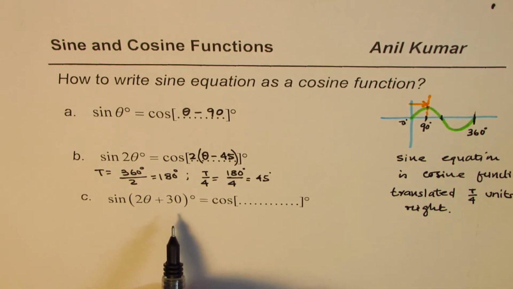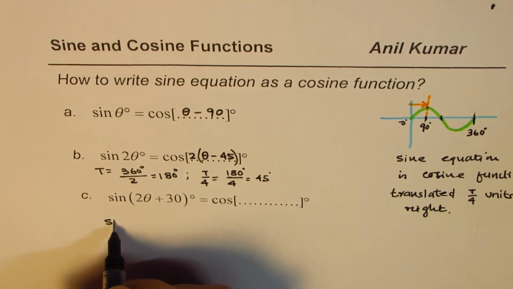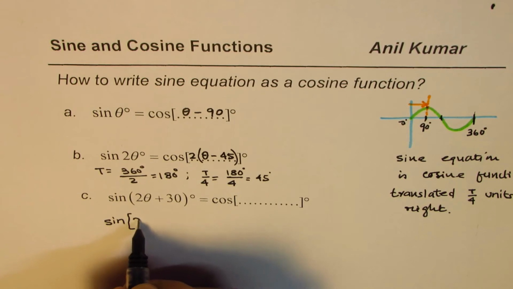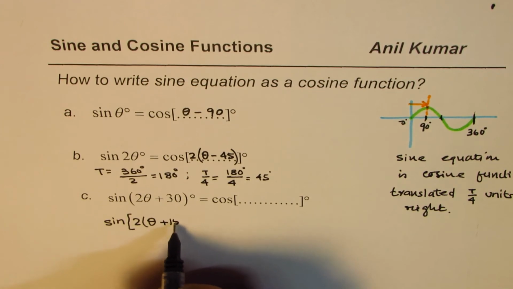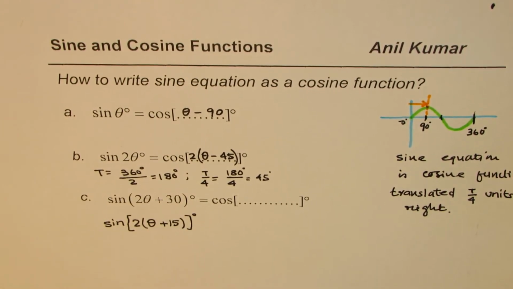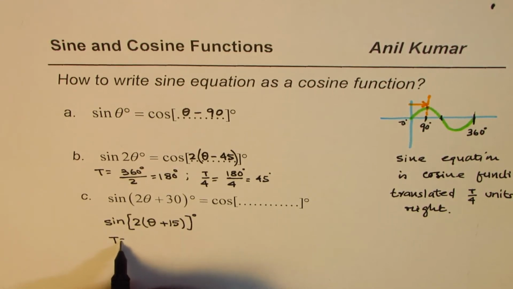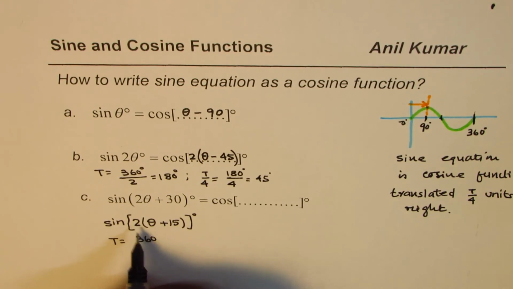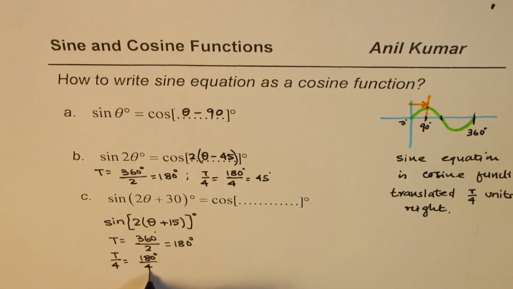This is kind of tricky. What we should do here is write sine of 2 theta plus 30 degrees by factoring out this 2. Then we get sine of 2 times theta plus 15 degrees, correct? Now we know that for sine 2 times the angle, the time period is 360 degrees divided by this k value, which is 2. As in the previous case, that is 180 degrees, and 1/4 of this cycle will be 180 degrees divided by 4, which is 45 degrees, correct?